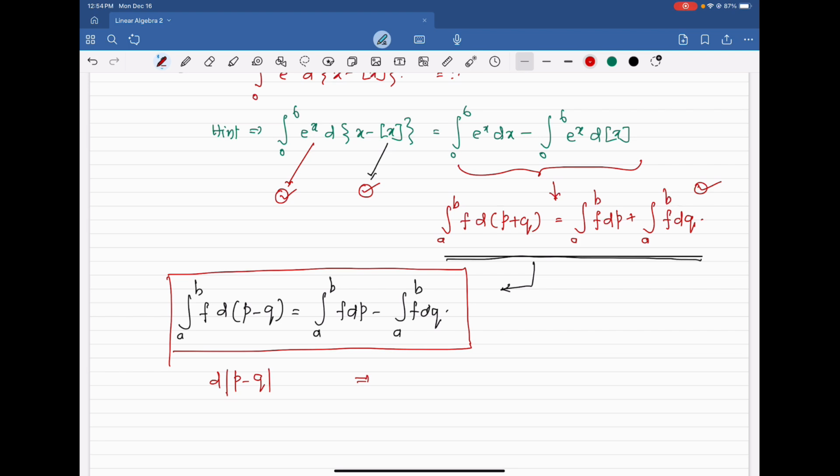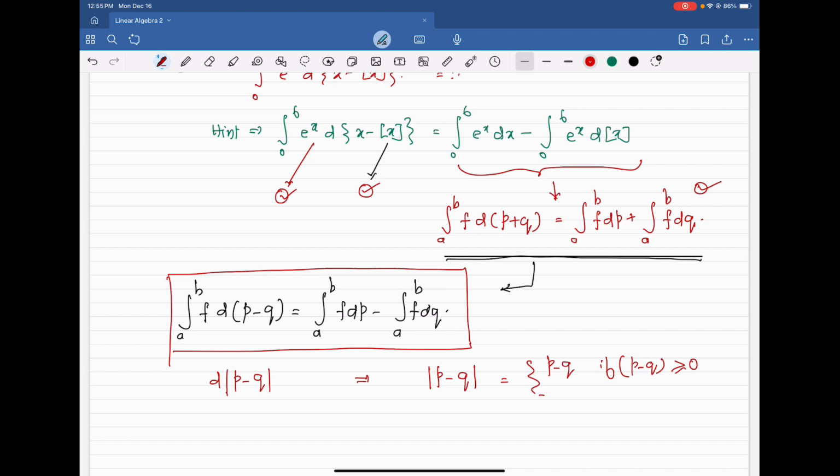What is p minus q absolute? It will be p minus q if p minus q is positive, there is no problem, that is, p minus q is greater than or equal to 0.